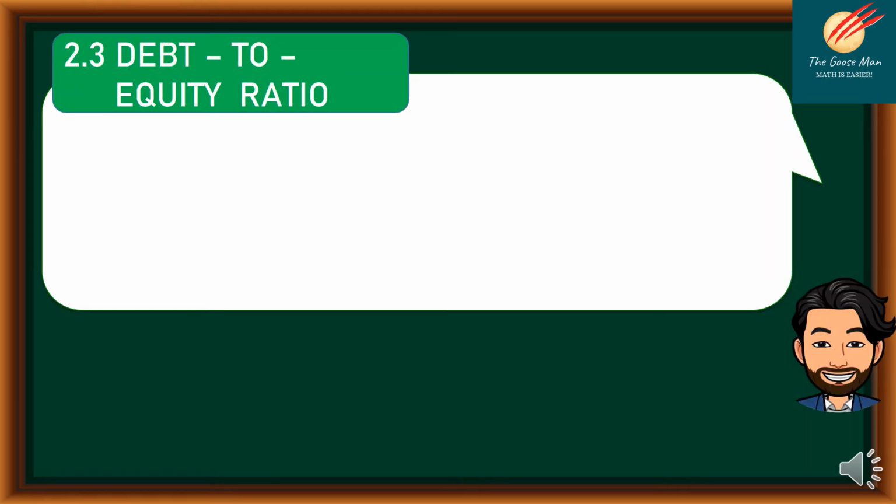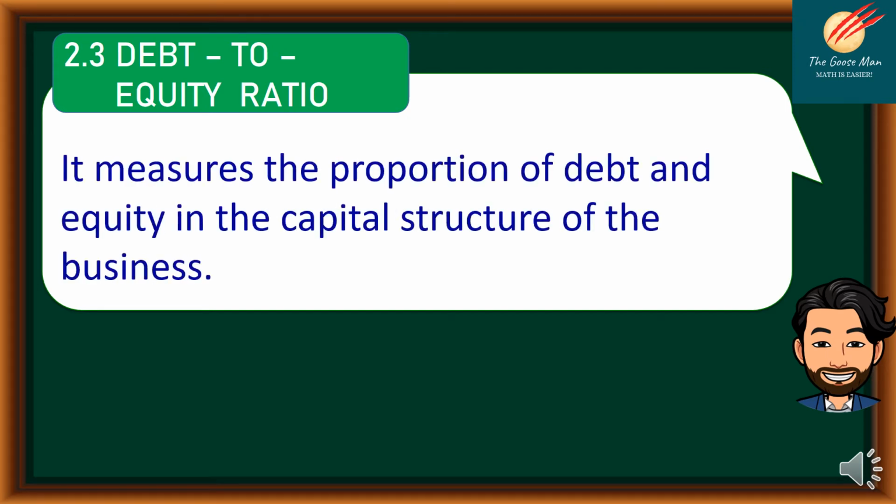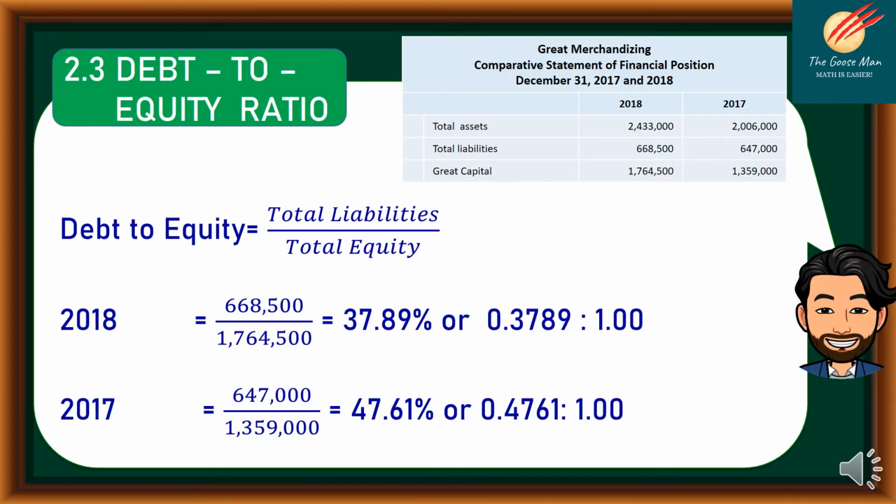The next type of solvency ratio is the debt to equity ratio. So it measures the proportions of debt and equity in the capital structure of the business. For our formula, we have debt to equity is equal to total liabilities divided by the total equity. From our table, we have the following total assets, total liabilities, and the owner's capital as of 2018 and 2017.